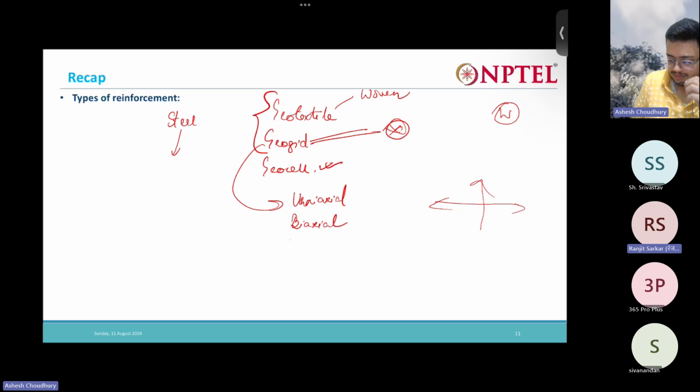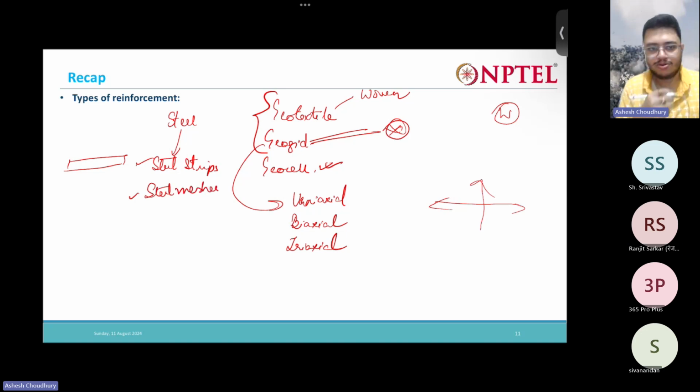Stainless steel, carbon steel? No, not gabions, just the form of steel reinforcement. We can use them as steel strips, right? Yes, steel strips, and steel meshes. So for steel reinforcement we can use steel strips and steel meshes.